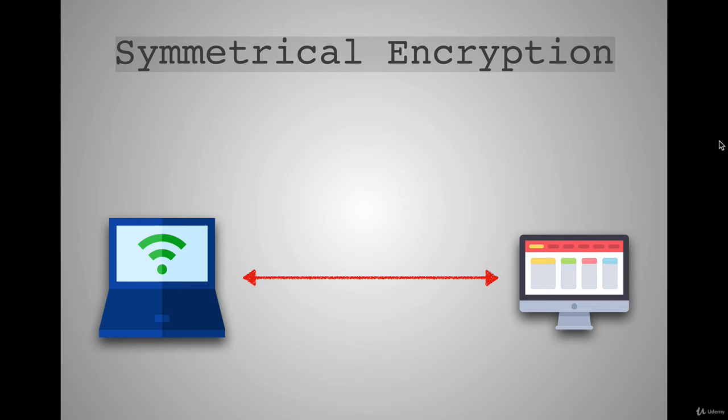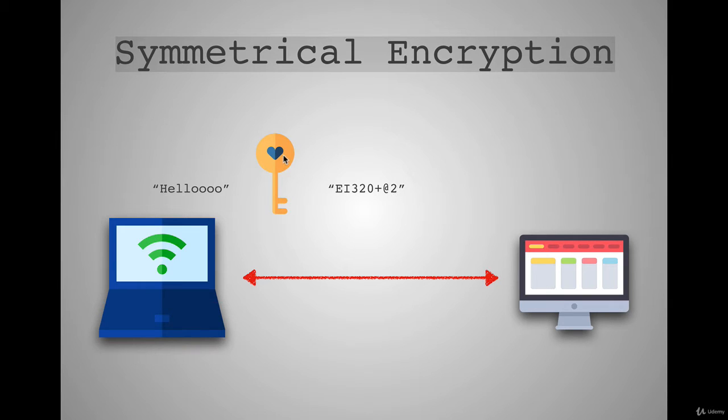Now, symmetric encryption uses one secret key for both encryption and decryption by both parties. Let me show you what I mean. If I wanted to send hello as a message to this other computer using symmetrical encryption, I can have a key that turns this hello text into a piece of gibberish.